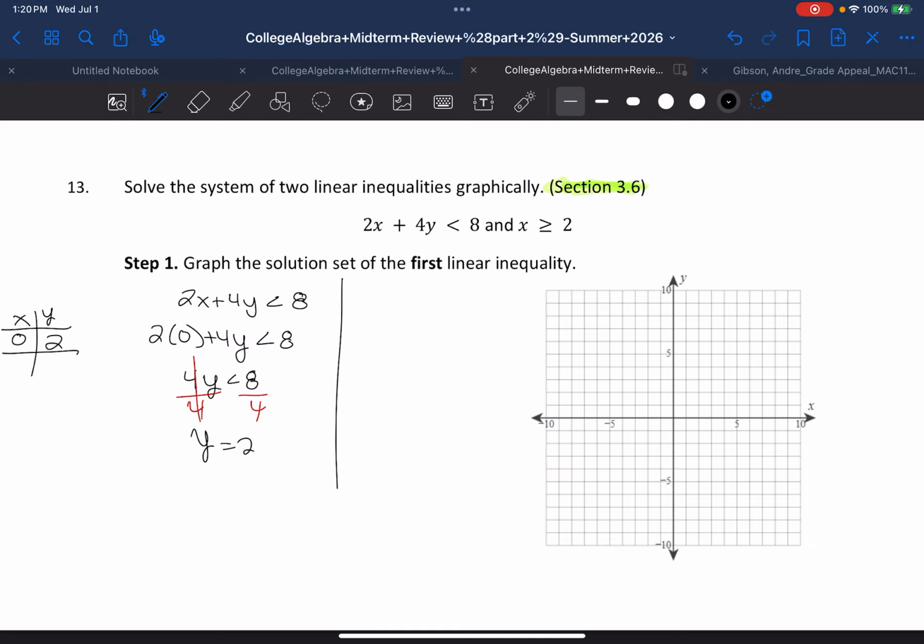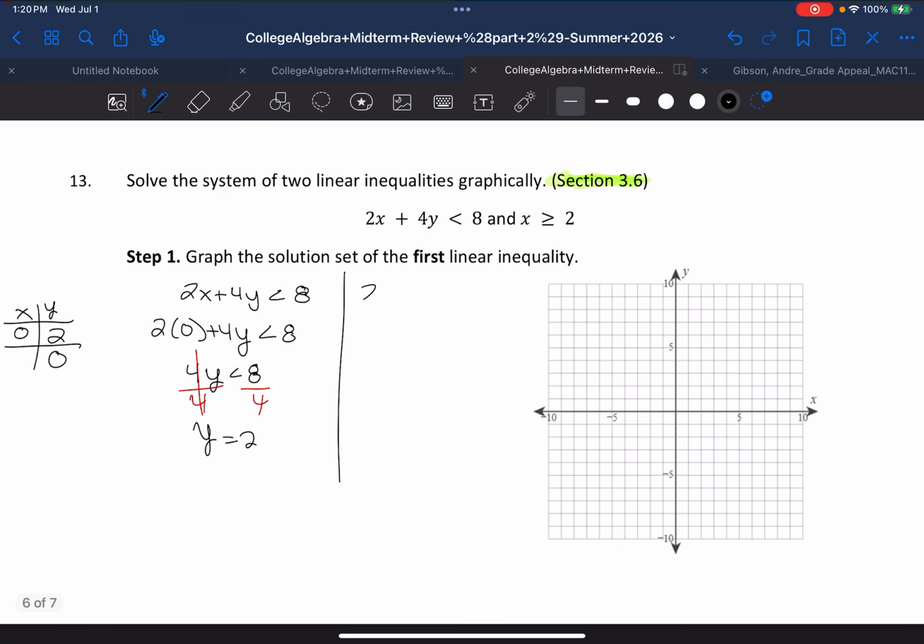Okay, and then the next one, I'm going to let y equal 0, which will find us our x-intercept. So I'm going to solve for x, so that zeroes out the 4 times 0, which leaves me with 2x is equal to 8.